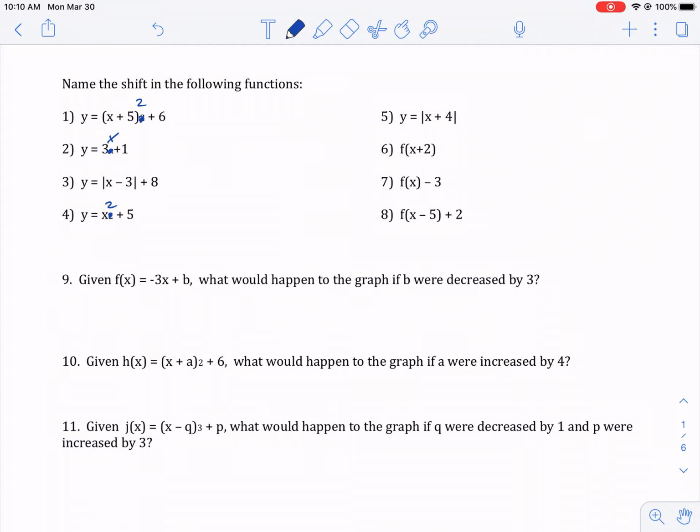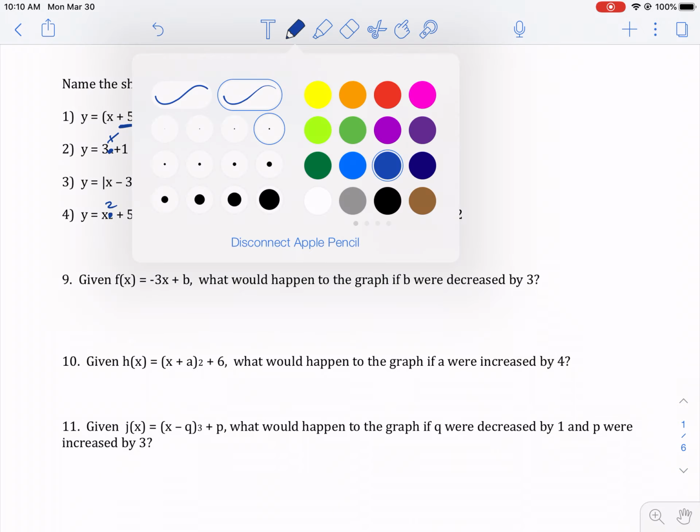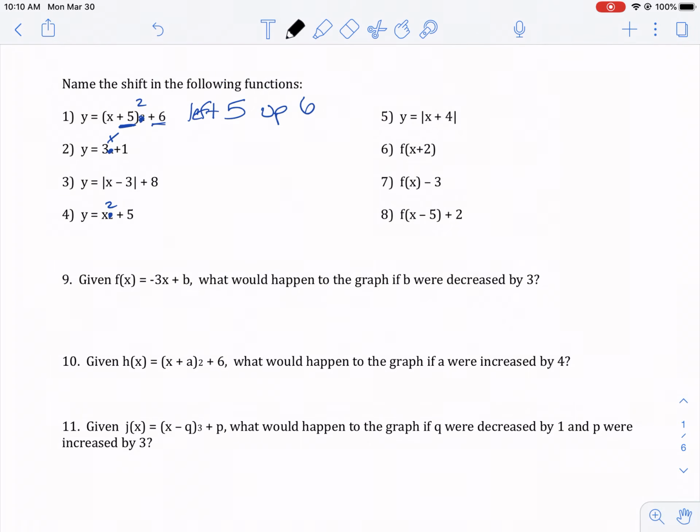So for number 1, I see a 5 paired with the x, so that means it's going to go left 5 instead of right. And then the outside number is the 6, and it does what it says, so it goes up 6. Okay. For number 2, you have 3 to the x, and there's nothing paired with the x. X is the only thing in the air, so there is no horizontal shift.